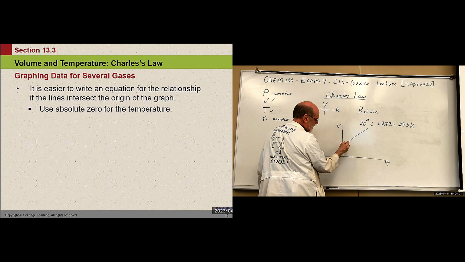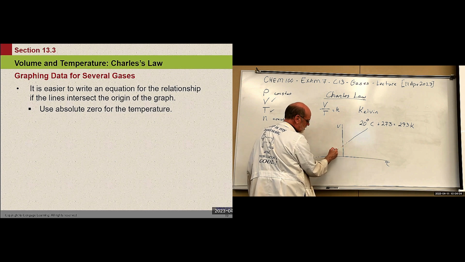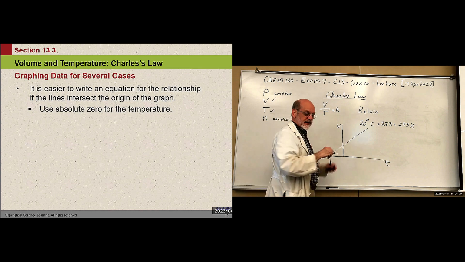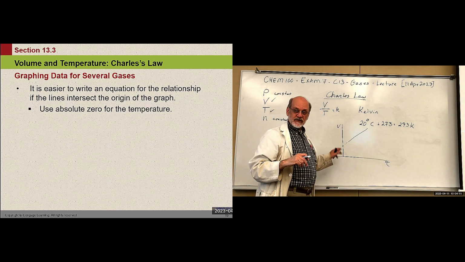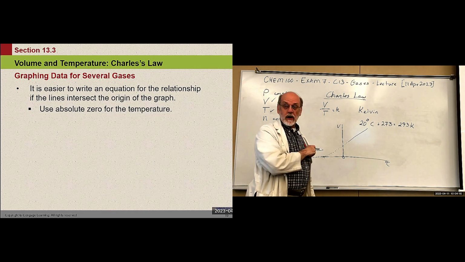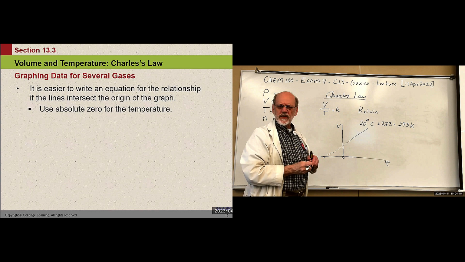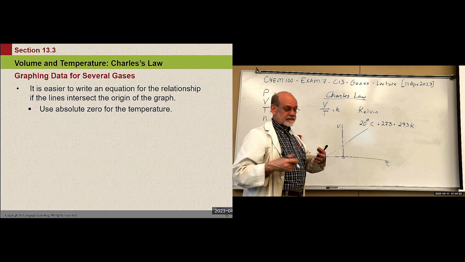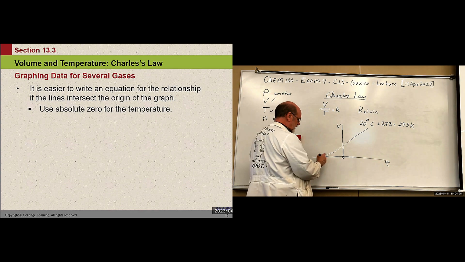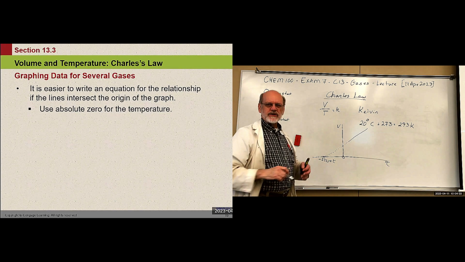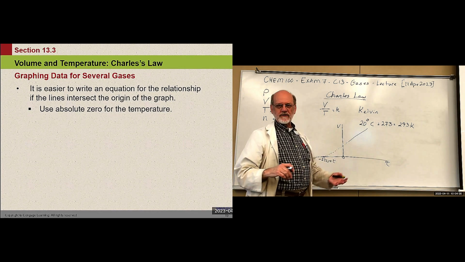Well, Kelvin extended this line down here, and where it intersected here, what he's saying is that if you get the gas cold enough down to absolute 0, then the volume will be 0. Right? We know that's never going to happen because gases have mass and they have volume of their own. But theoretically speaking, this would be minus 273.15 degrees C. We just use 273 because it's good enough for our calculations.